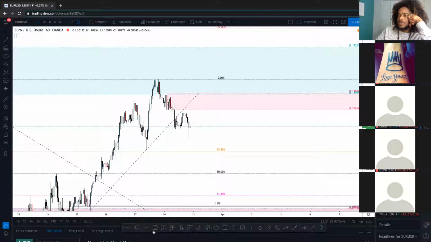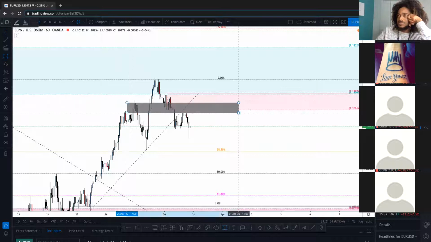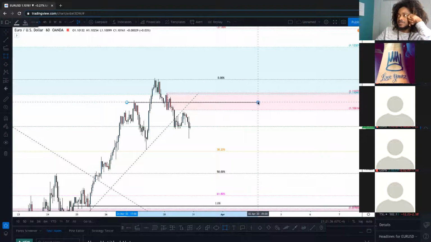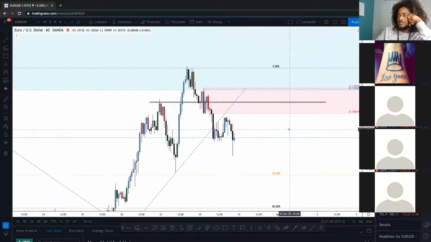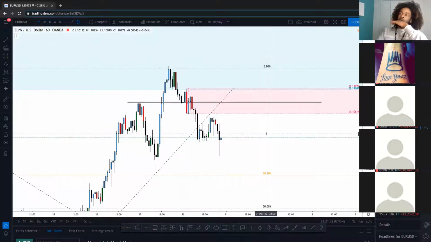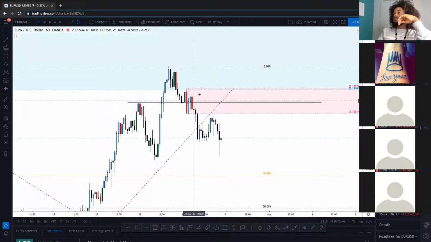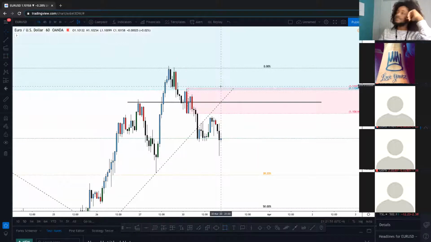We also have some support and resistance nested inside this zone right here, right? So this 1 hour supply, 4-hour supply is valid because the trend line was broken.